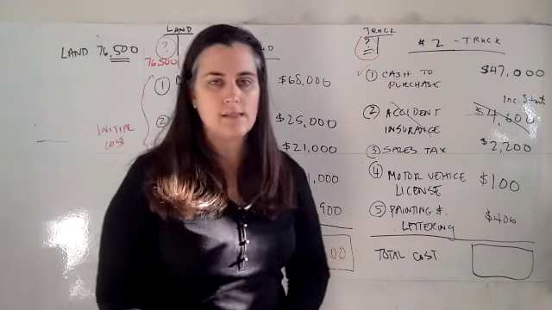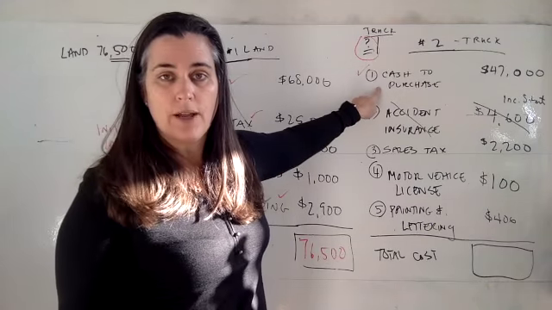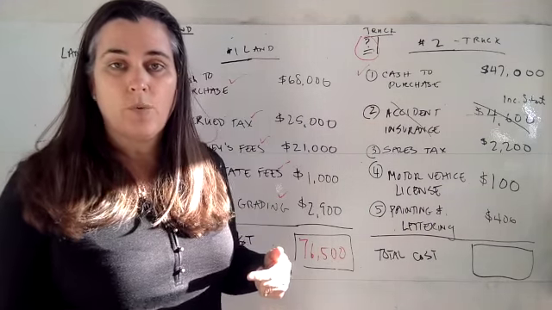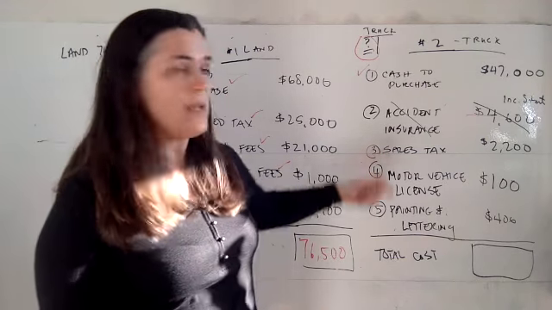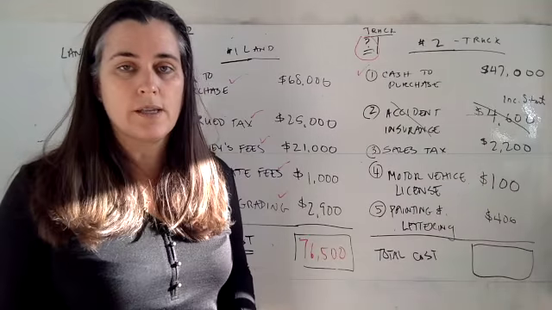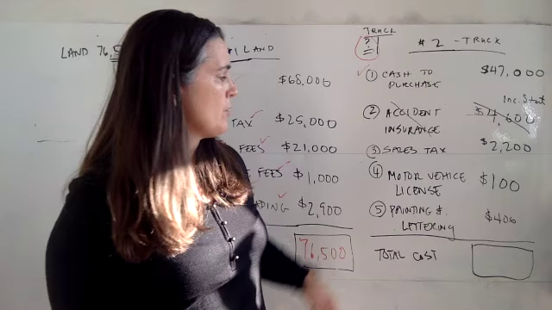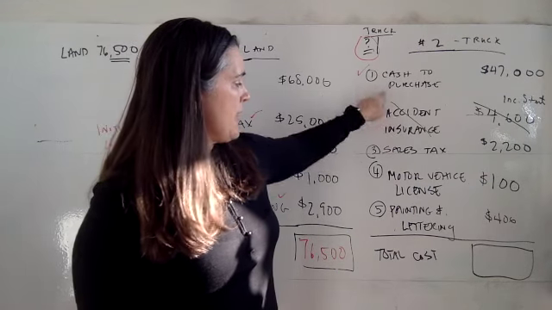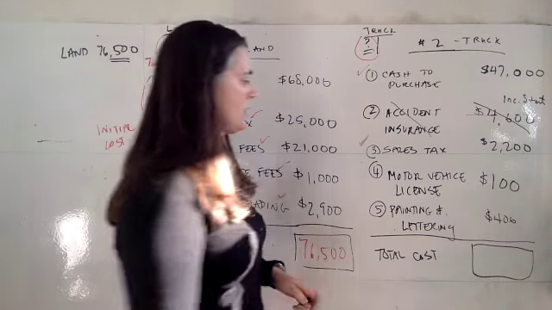Okay, sales tax. This is the tax that we have to pay on the cash amount that we're paying. We're purchasing a truck, so we have tax, similar to when you go to the student center and buy a soda, you have to pay a little tax on it. Same thing with a truck. The tax on the cash to purchase tells us that yes, this is a cost to obtain the truck.